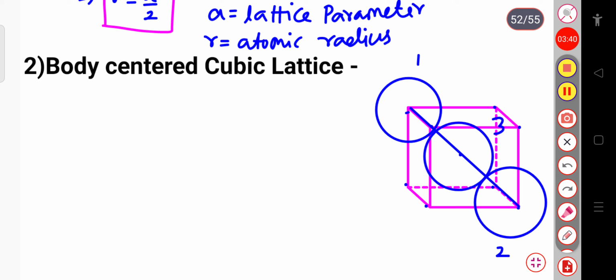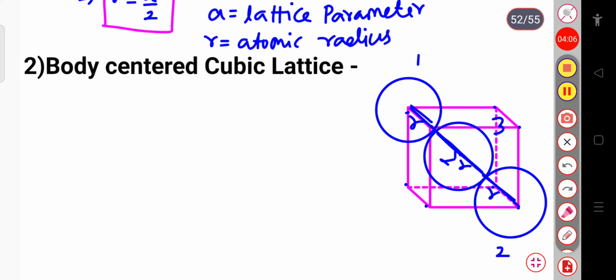If I consider these 1, 2, 3 and join this diagonal, they will lie on the same diagonal. Here the radius of the first atom is r, and the second one also has radius r. But the centered atom, atom 3, has a total diameter of r plus r, that is 2r.